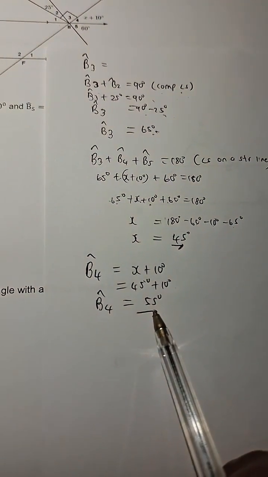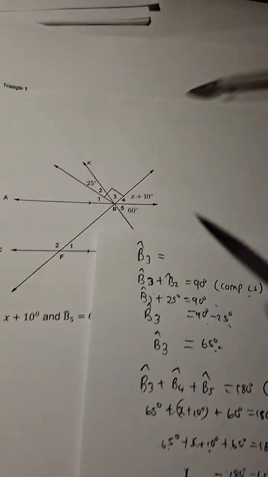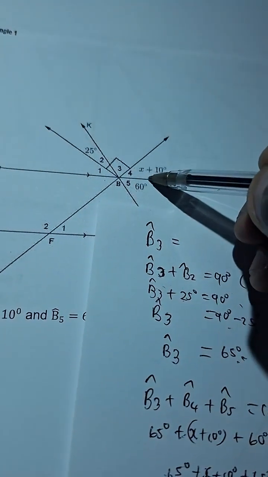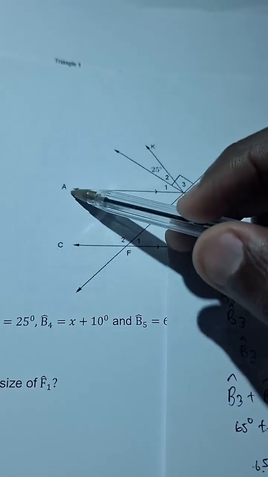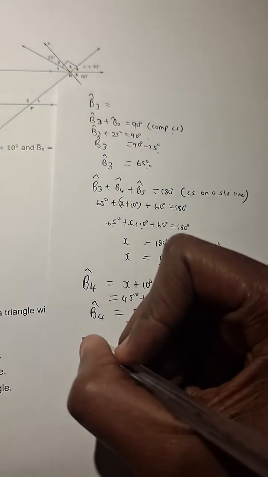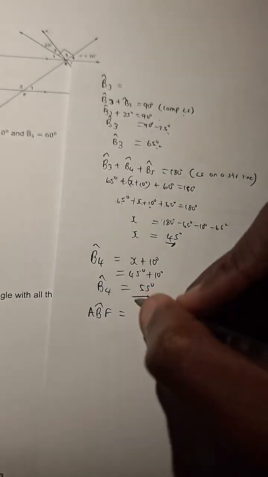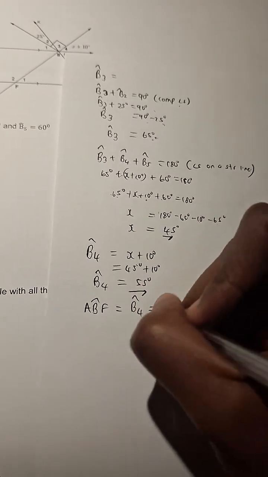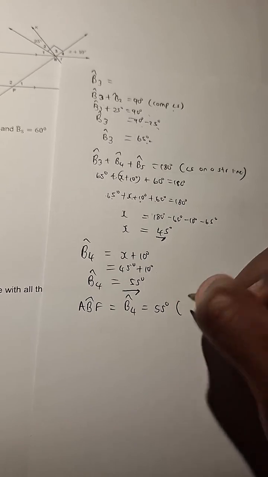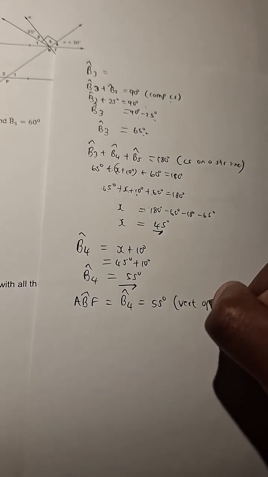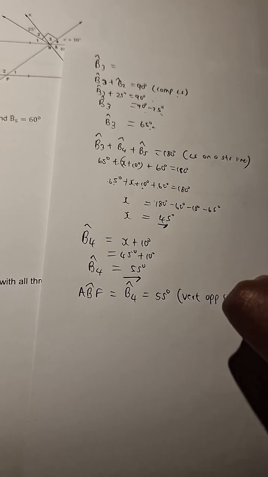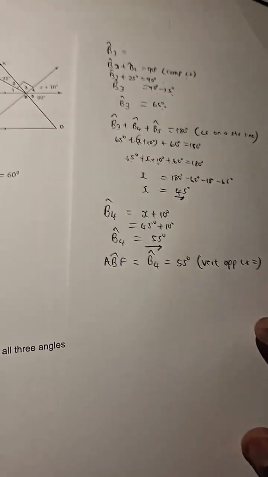Now, do you remember what I said, guys, about angle B4? Angle B4 is actually vertically opposite to angle ABF. So angle ABF is equal to angle B4, which is equal to 55 degrees. What's the reason? Vertically opposite angles are equal.